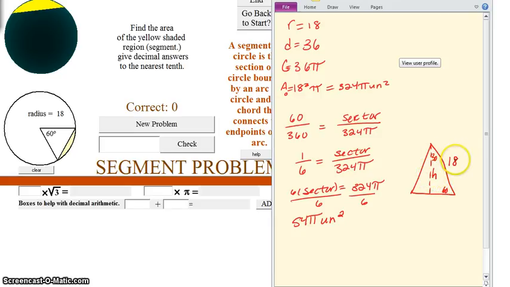So 18, 9, h equals 9 radical 3. So area of the triangle equals 18, that's my base, times 9 radical 3, that's my height, divided by 2. So that's 81 radical 3.